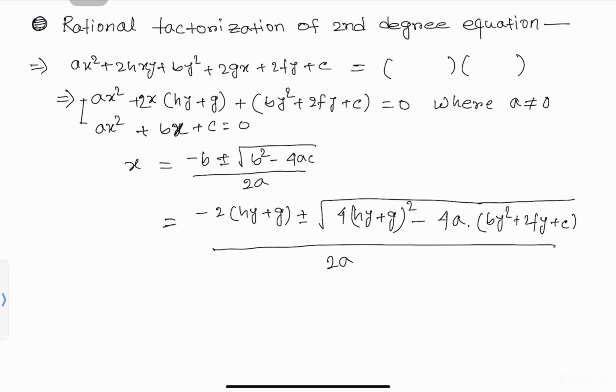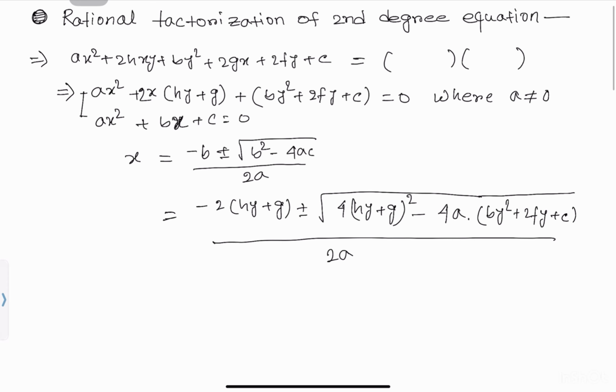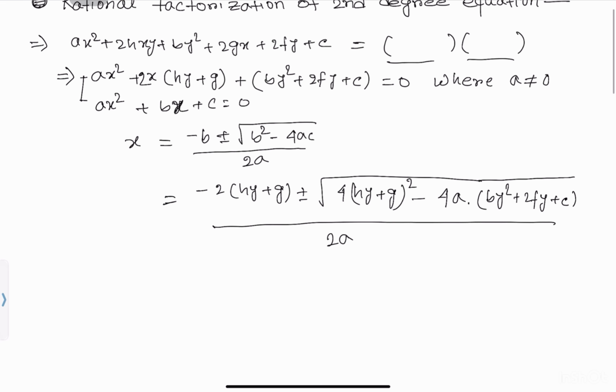Now here is the main fact, the main concept. Remember one thing: our main motivation, I think, is clear. You have to make this quadratic expression into a multiplication of two linear expressions. For that, tell me whether you agree or not.